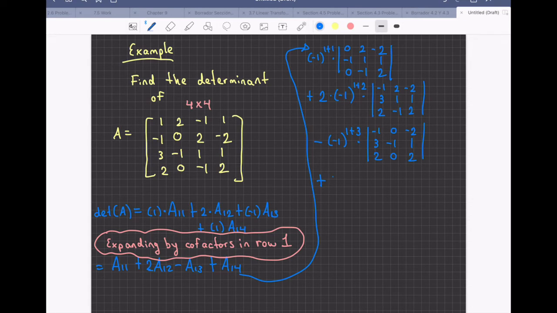Plus -1 raised to the 1 plus 4 times the determinant of the minor 1, 4. Remove row 1, column 4. -1, 0, 2, 3, -1, 1, 2, 0, -1.